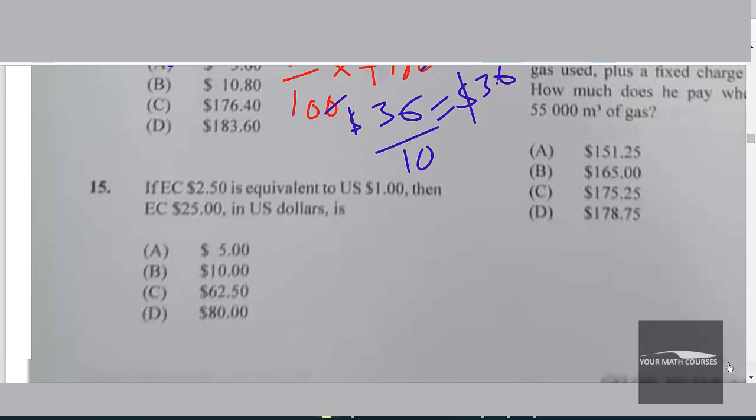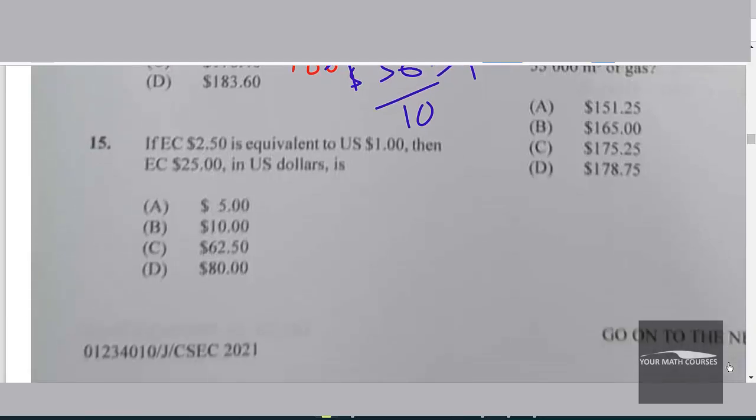Number 15. If 2.5 EC dollars is equivalent to 1 US dollar, then 25 EC dollars in US dollars is what? So we're told that EC dollars, and we have US dollars here.